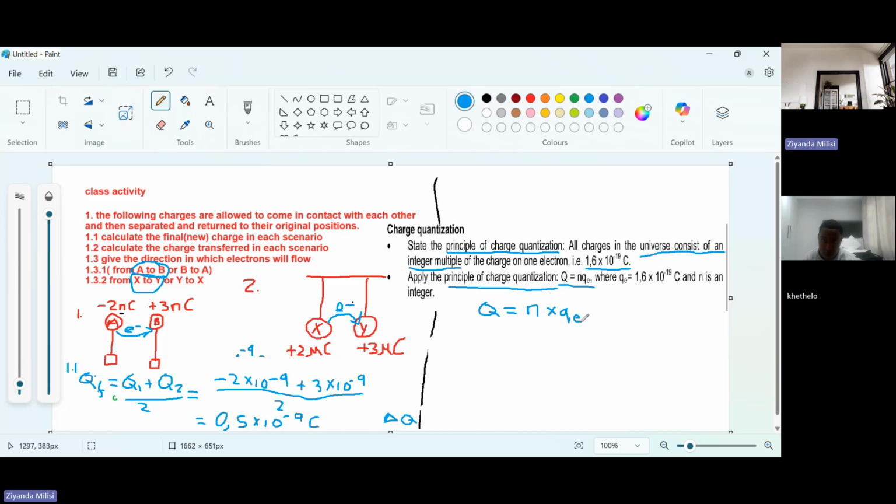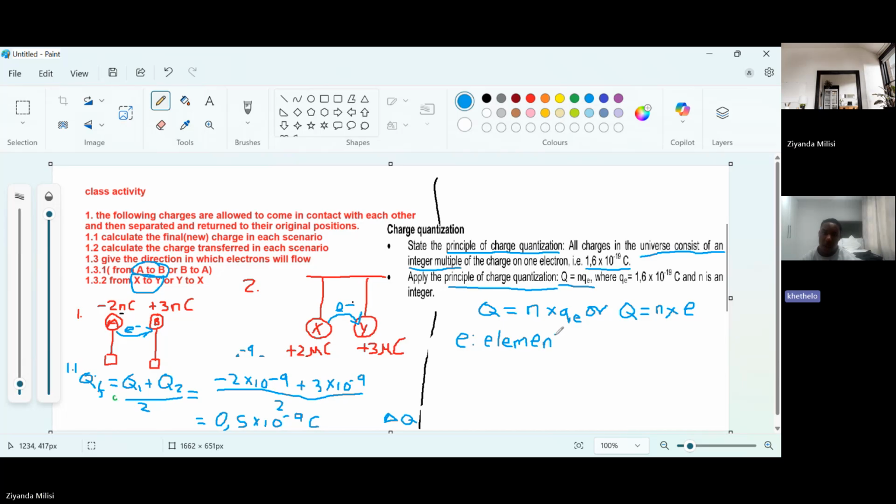If you don't like to use Q, you can say n times e. This e stands for elementary charge.